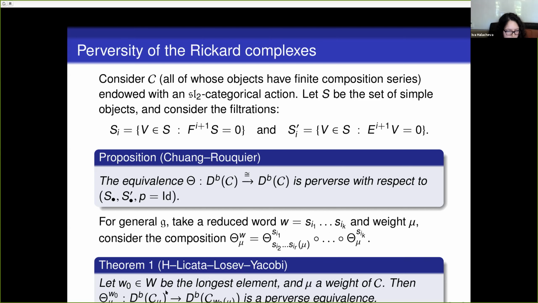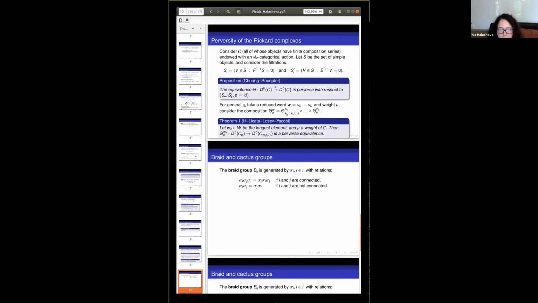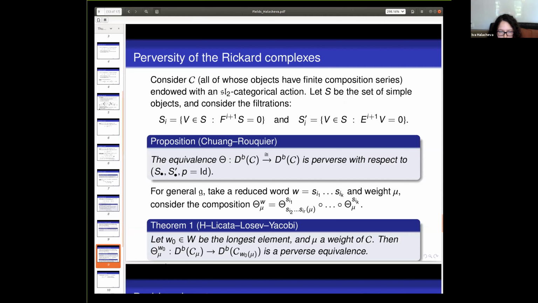So the theorem, which we are in the process of writing up, says that if you take the longest element of the Weyl group and a weight for the given representation we're working with, then the corresponding Rickard complex is going to be a perverse equivalence.